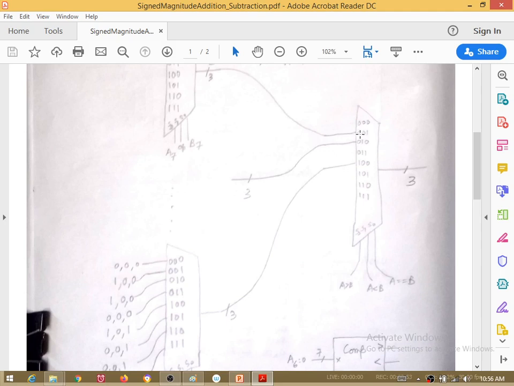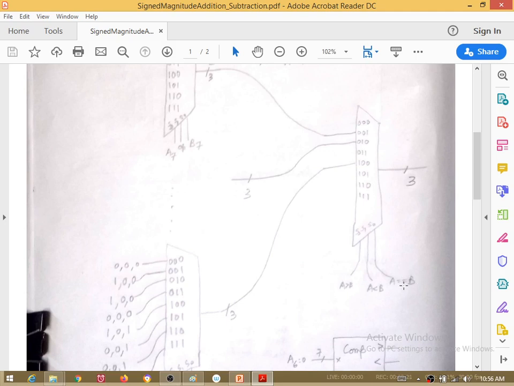For example, this input is going to be used when A is equal to B, this one when A is less than B, and this one when A is greater than B. These ones are invalid, this one is also invalid, and this one is also invalid. At any given time only one of these items will be a 1. All three cannot be a 0.